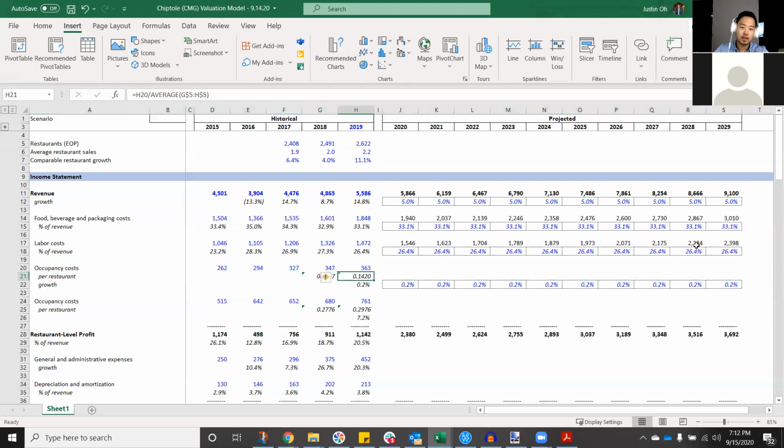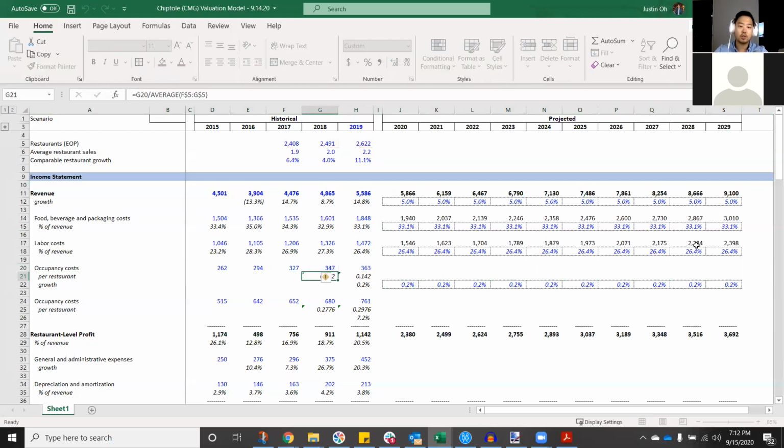So last time we talked about how they spend about $142,000 per store in rent per year. So that means they're paying $12,000 a month. So what we're going to do is grow the per store number by whatever, just the dummy number we have.